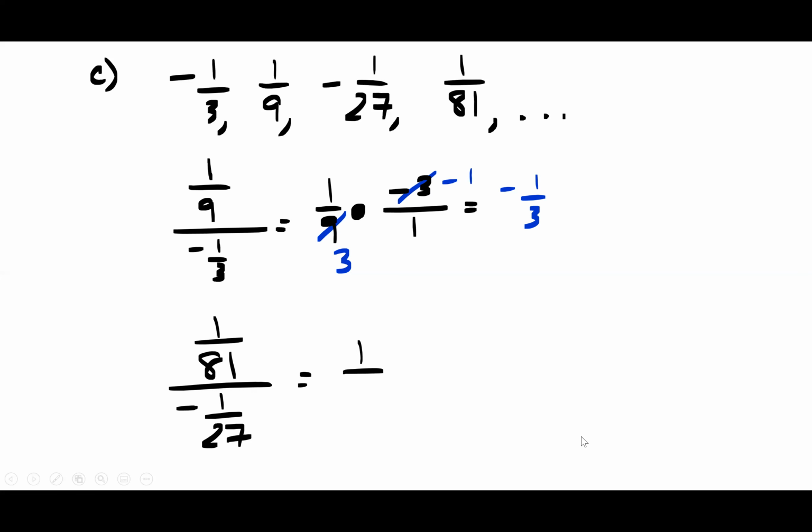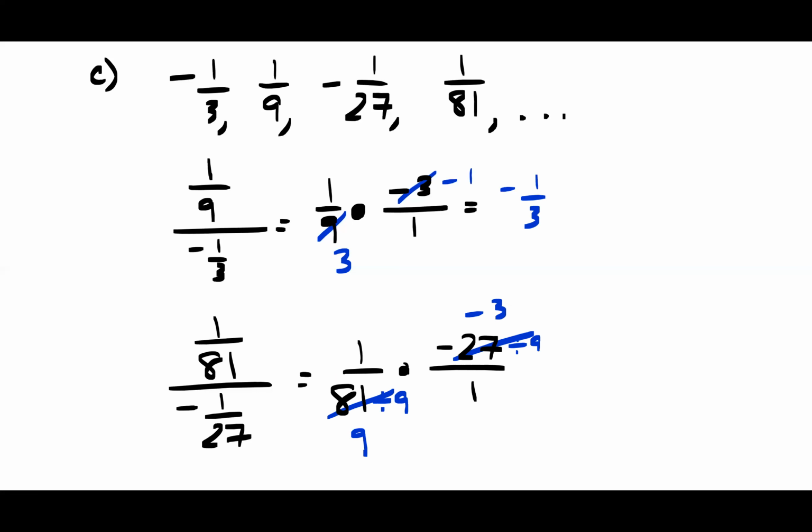All right, I'm going to go with it here. So 1 over 81, keep, change to multiplication, and then we're going to take the reciprocal. So negative 27 over 1. I'm thinking like by 9. I know 9 is going to go into 81, 9 goes into 27, so I'm going to do that. So 81 divided by 9 is 9. Negative 27 divided by 9 is negative 3.